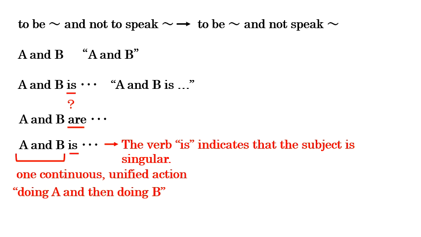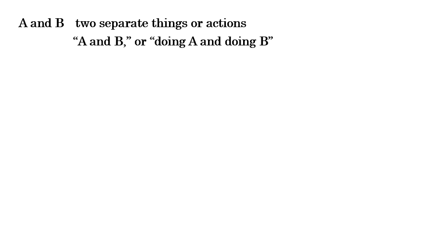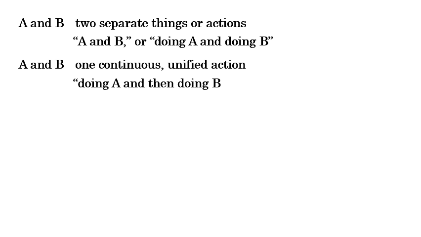Exactly. One meaning is "A and B," or doing A and doing B, two separate things or actions. The other meaning is doing A and then doing B, one continuous, unified action. If the phrase "A and B" comes as the subject, we can tell which meaning it has by looking at the verb. But in this case, since it's a formal subject, we have to judge from the meaning.